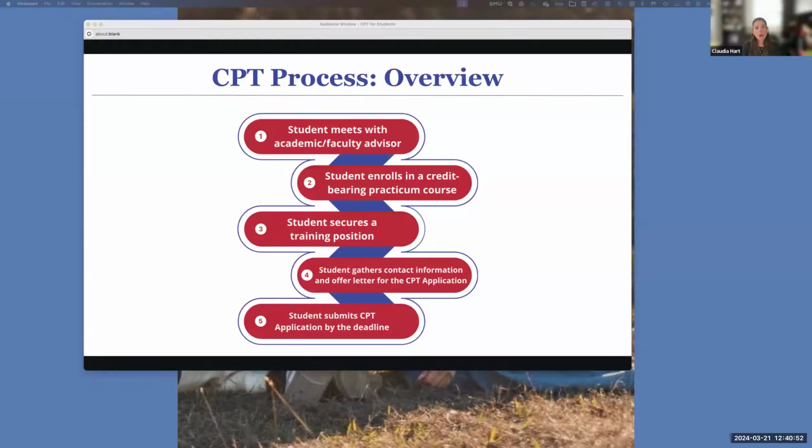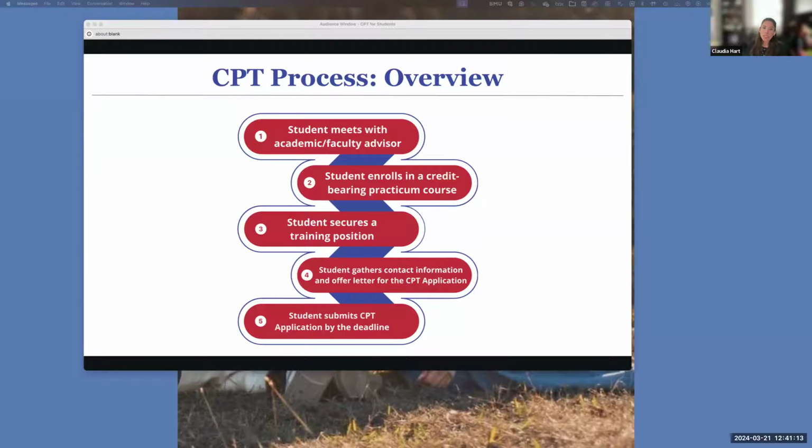So what is the process? The first thing is to find out if your curriculum has the requirement to engage in CPT. One of the first things we recommend is that you meet with your academic or faculty advisor to talk about your degree.